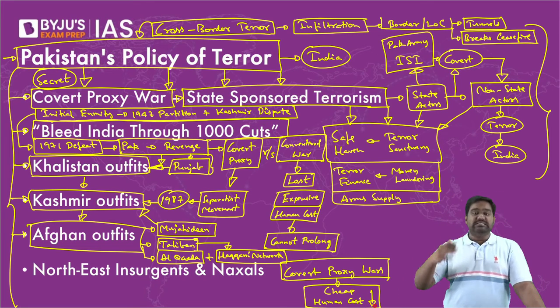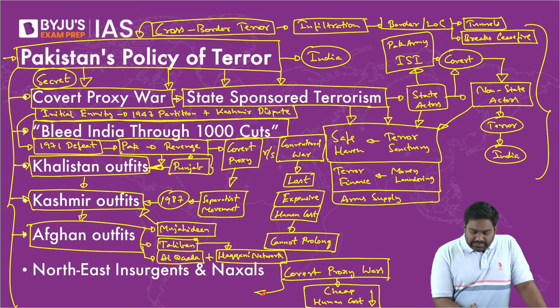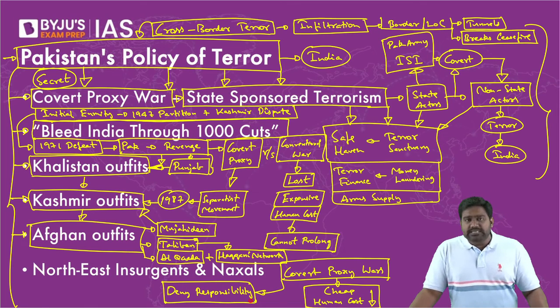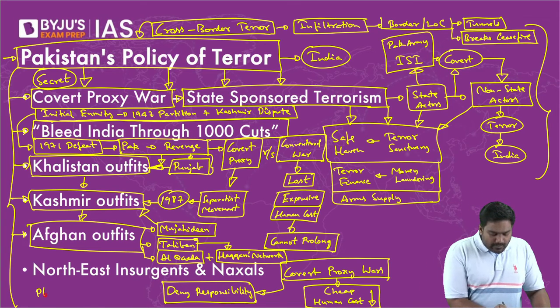It can always conceal its involvement. It can deny responsibility. Even if India blames Pakistan and brings some evidence to connect the ISI and the Pakistani army with these terrorist outfits, it can always deny responsibility by claiming plausible deniability. Plausibly, it can deny its involvement.